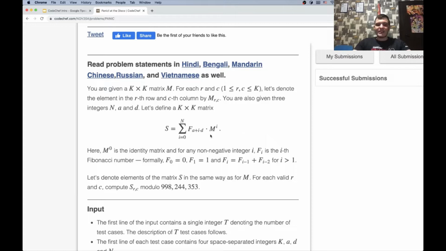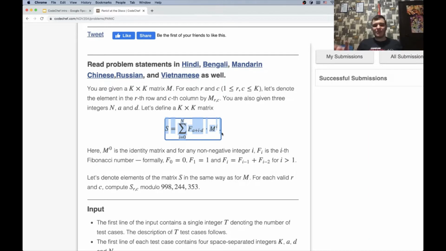However, we can see that the coefficients here aren't really the same because the Fibonacci numbers also grow. And basically we have this summation and we want to find the matrix.